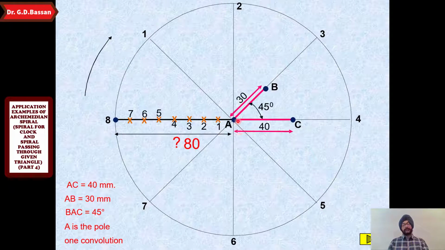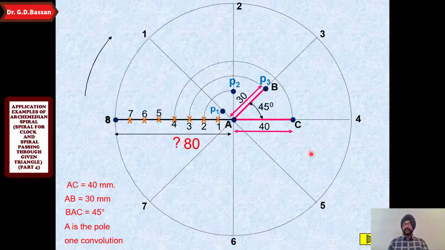Now again the same procedure: take center at A, radius equal to A to 1, and draw an arc which intersects link A1 at point P1. Similarly, A to 2, center at A, this intersects A2 at point P2. Similarly, for all the positions of the links we have to find the different points. Third will always coincide with B1.